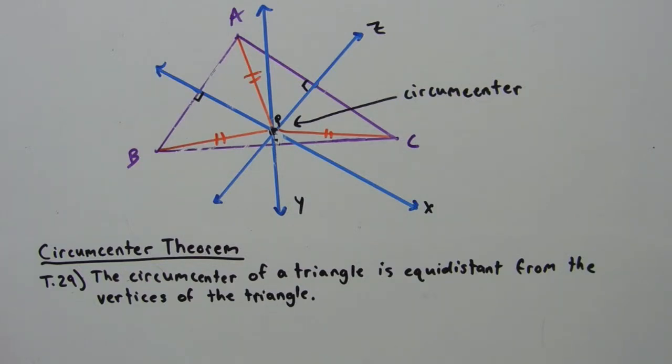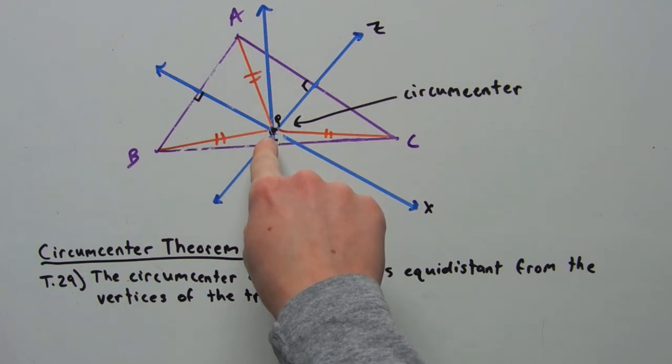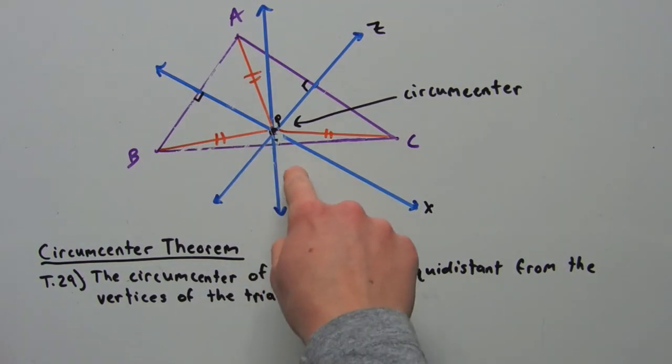I'm not going to prove this in this video, but let's think about how we would do a proof. By the perpendicular bisector theorem, we know that if a point is on a perpendicular bisector, then it is equidistant to the endpoints.